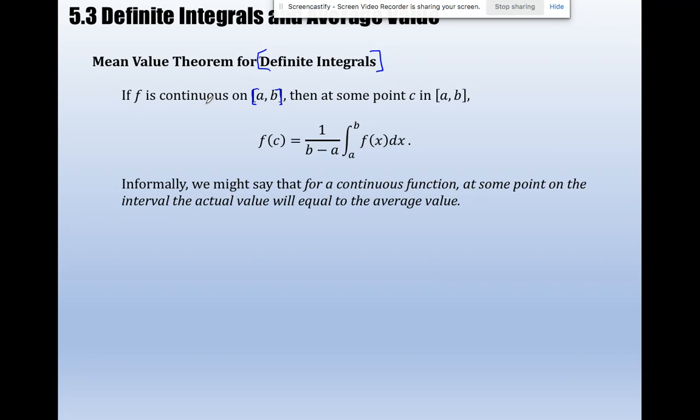If f is just continuous on a closed interval, then at some point c, f of c is equal to the average value. So we say for a continuous function, at some point on the interval, the actual value will be equal to the average value. Crazy.